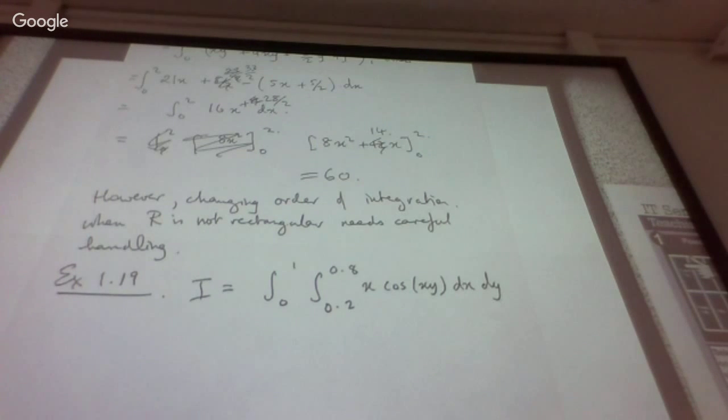That's not an easy integral, it's going to require integration by parts, because you've got a product of two functions of x. So often it can be easier to change the order of integration first.